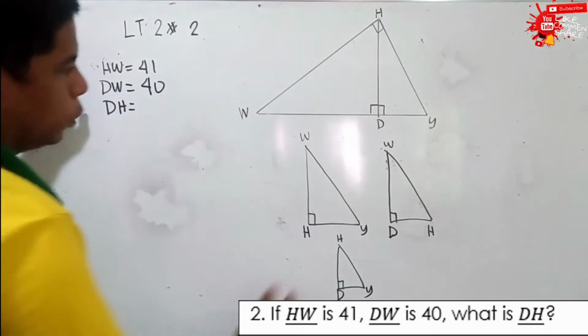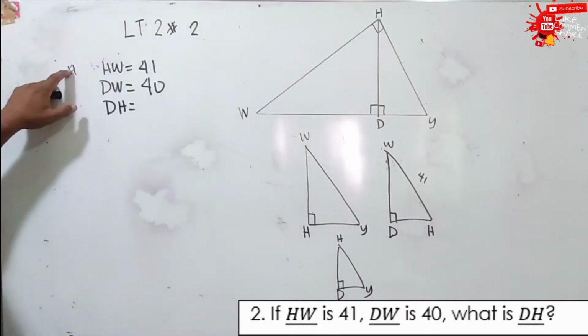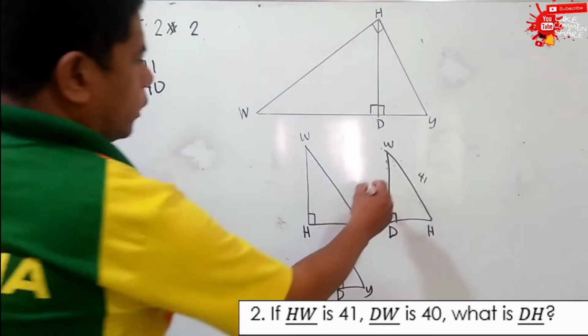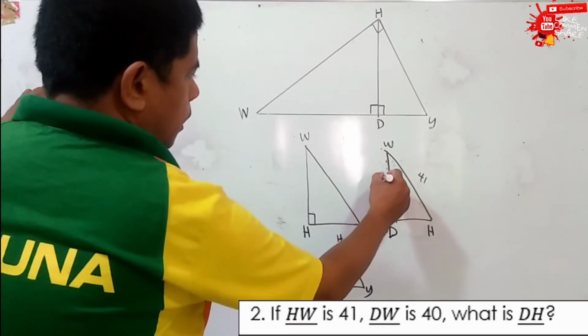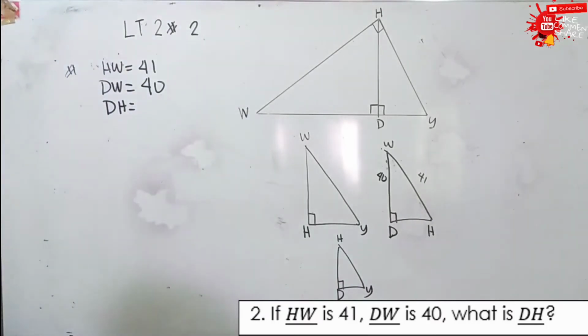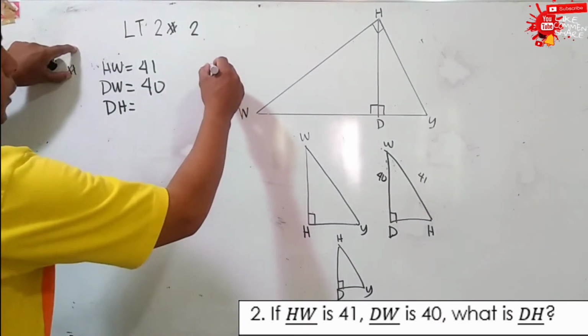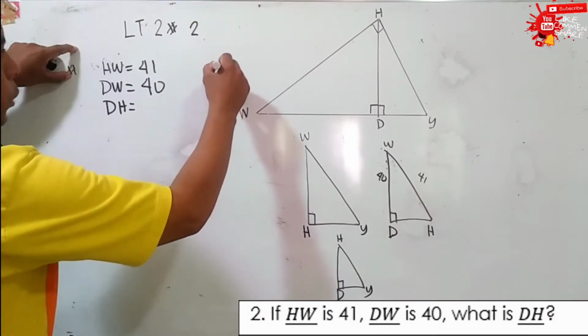Okay? So, ang HW daw natin ay 41. So, that is our hypotenuse. Our DW is equal to 40. Okay. At ang hinahanap ay DH. Yan yung hinahanap. So, given tayo, yung HW natin is nire-represent as our hypotenuse.